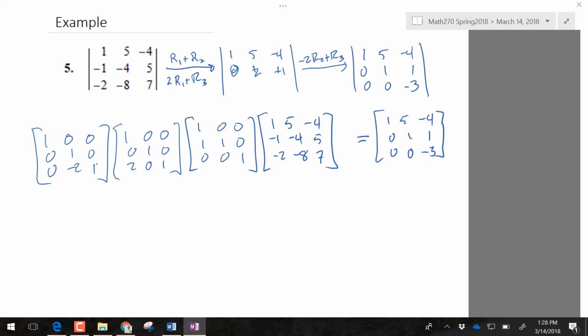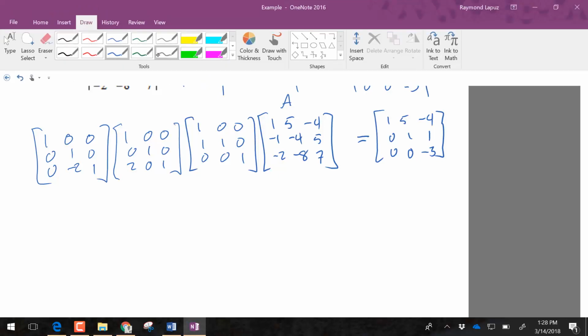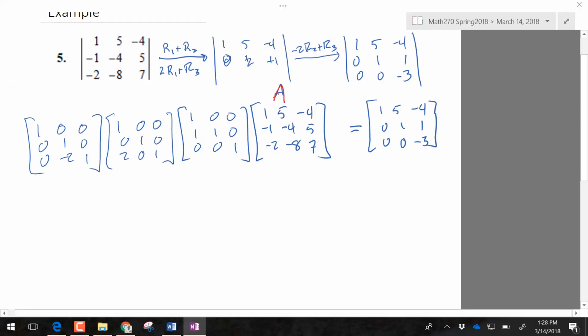Does this make sense so far? Right. So each step has its own elementary row operation. You can think about this as the original matrix A, E1, E2, and E3, and then this is your new matrix B.